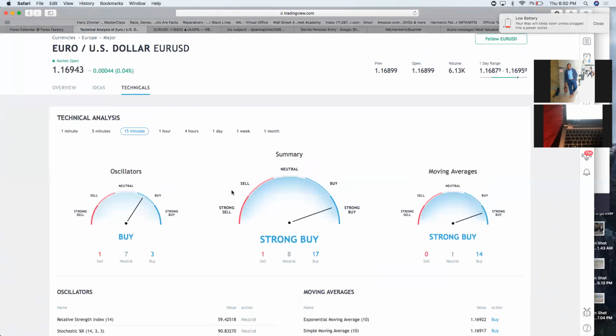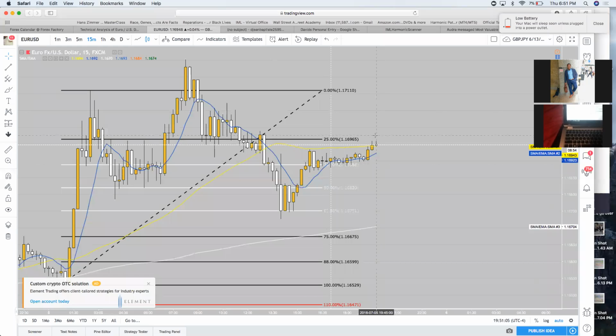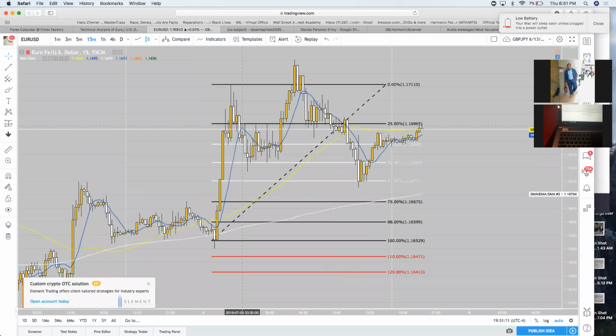So when you add 3 plus 14 together, you get 17. That's the reason why the overall summary thinks it's a strong buy. I believe it could be a strong buy, but we'll have to wait and see. Okay, and it was a strong buy.